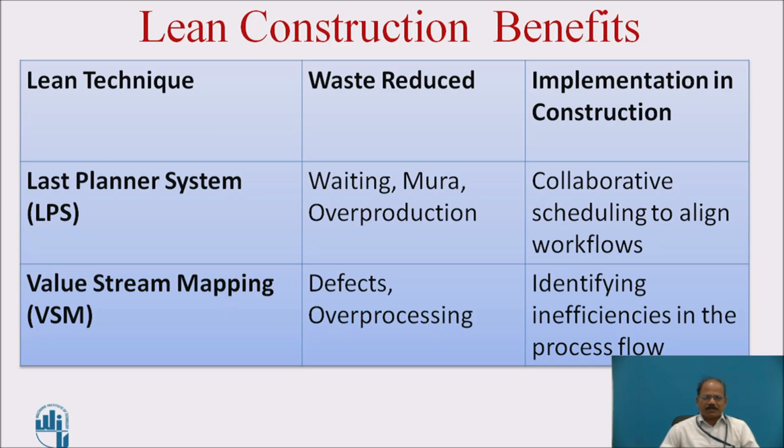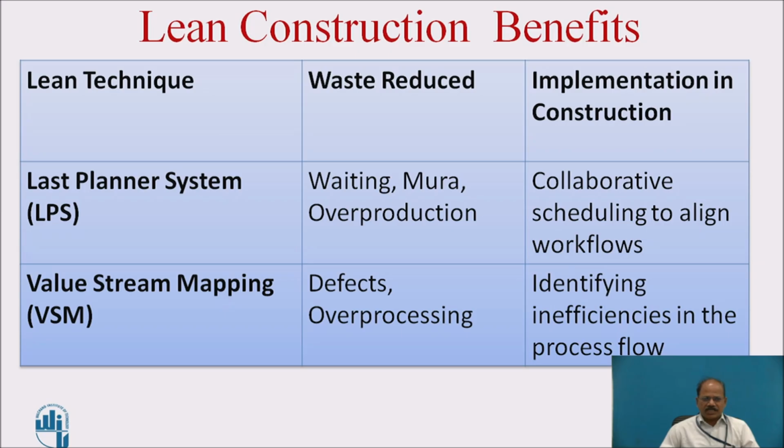What are the benefits of lean construction? Obviously, the soul of lean construction lies in waste reduction, and therefore the various lean techniques. The first one is LPS, that is the Last Planner System, which can reduce wastage of waiting, Mura or overproduction, while in the construction industry in particular, collaborative scheduling is used to align workflows.